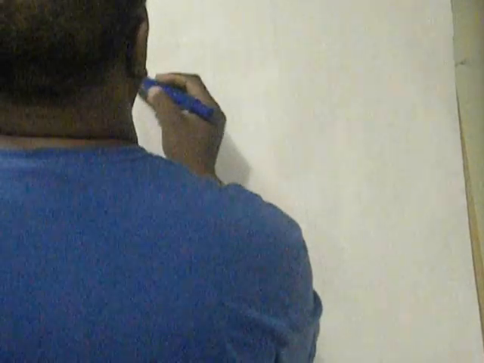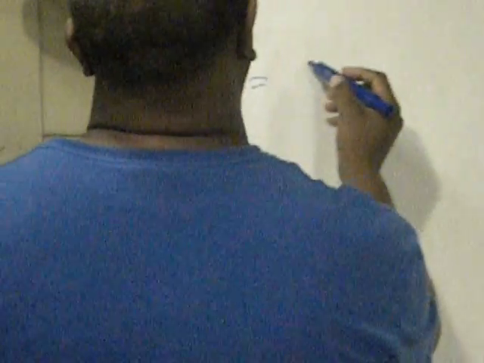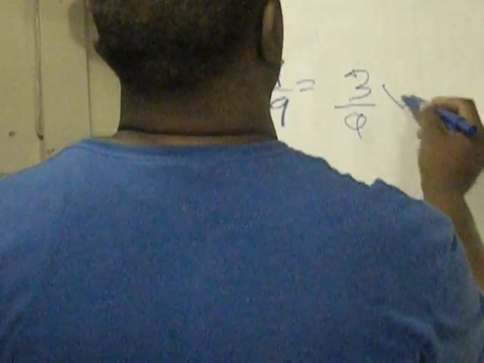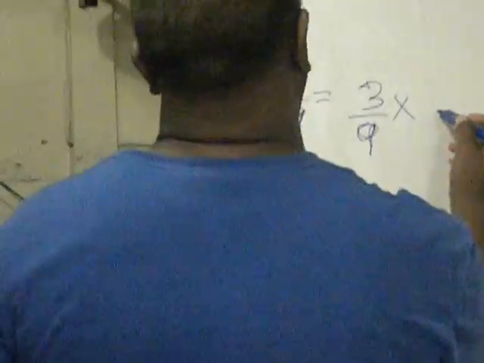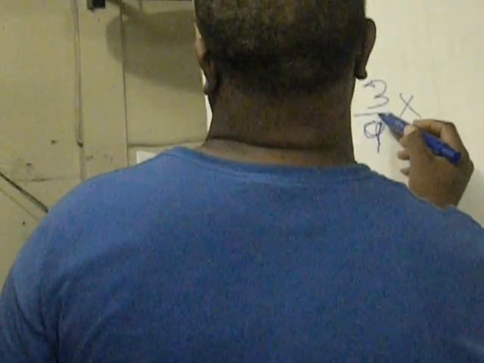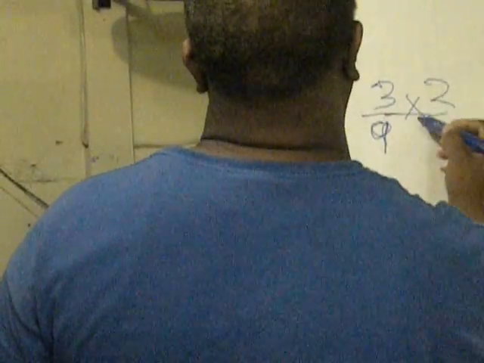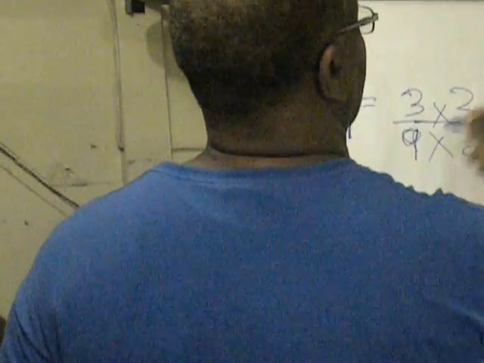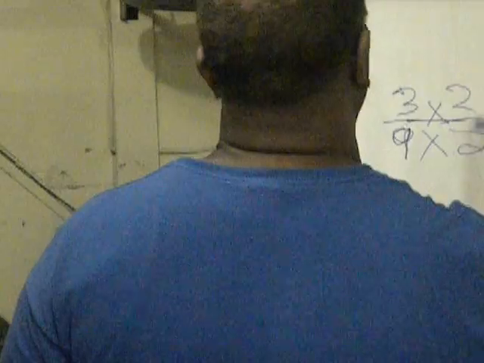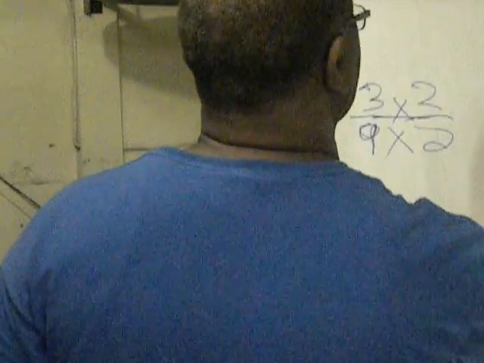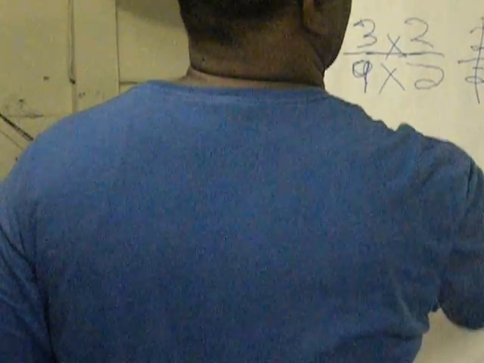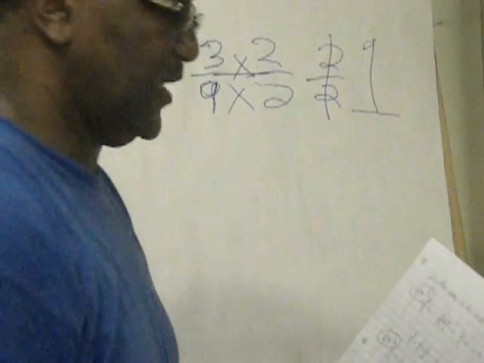We've got 3 over 9 equals 3 over 9 times 2 over 2. 2 over 2 always goes out to equal what? Equals 1. Correct. Equals 1.